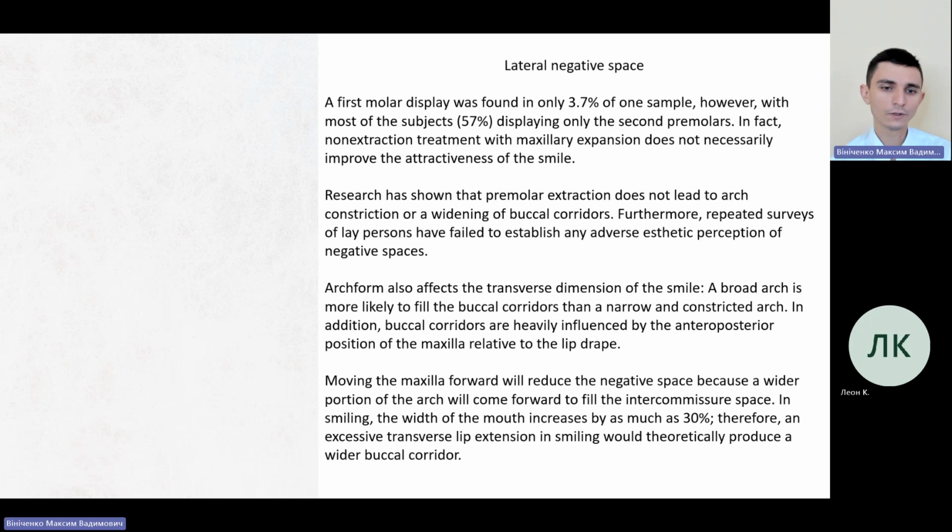Moving the maxilla forward will reduce the negative space because a wider portion of the arch will come forward to fill the intercommissure space. In smiling, the width of the mouth increases by as much as 30%. Therefore, an excessive transverse lip extension in smiling would theoretically produce a wider buccal corridor.